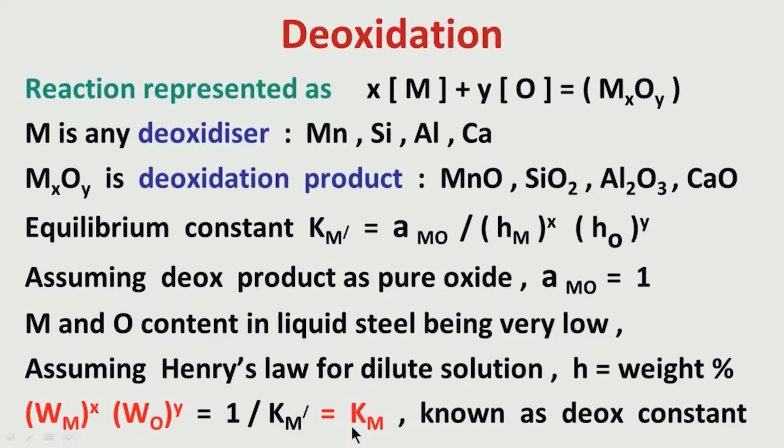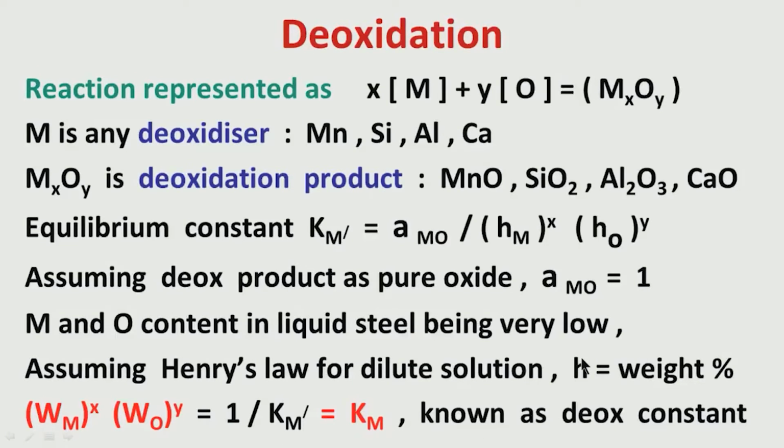If this is taken as Km, this can be taken as the deoxidation constant. So, one important relationship is emerging from this: the weight percent of the deoxidant in liquid steel and the weight percent of oxygen in liquid steel after the deoxidation reaction, when they are in equilibrium, their multiplication equals a constant.